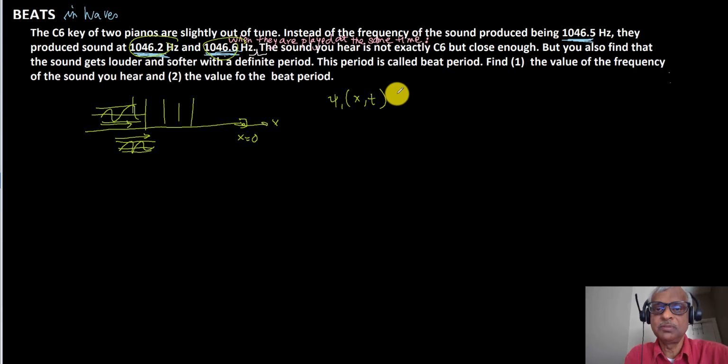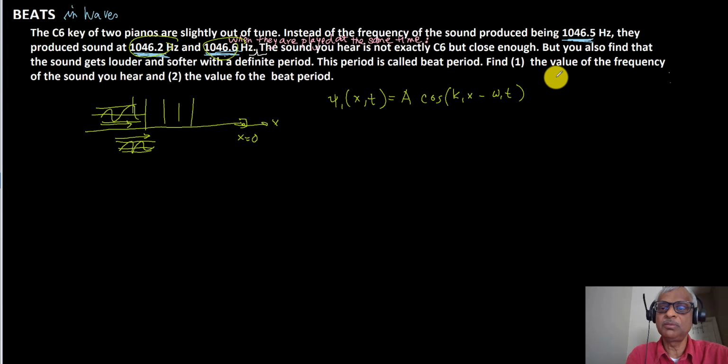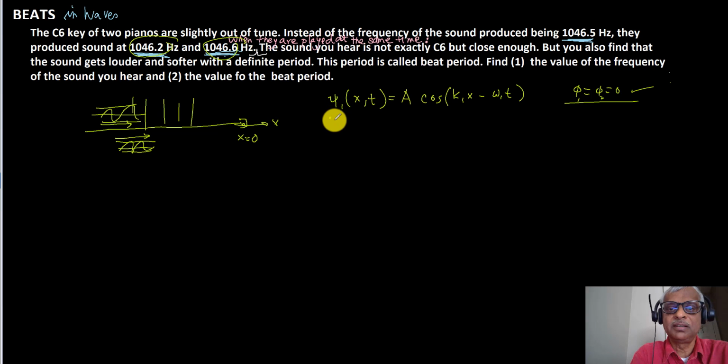So psi(x,t) will look like A cosine(k1 x minus omega 1 t), and I'm also going to just suppress the phi's. So phi 1 equals phi 2 equals 0. I'm just going to set this. It's not necessary, but I'm going to get rid of that just for simplicity.